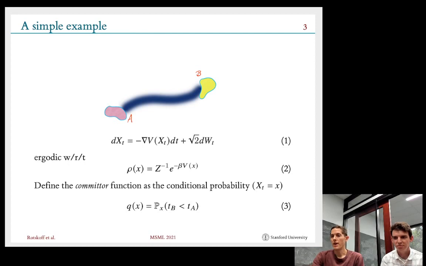So that directly quantifies the probability of reacting. It's an object that is closely related to the notion of a reaction coordinate in chemistry, and it's one of significant interest for applications in that area.